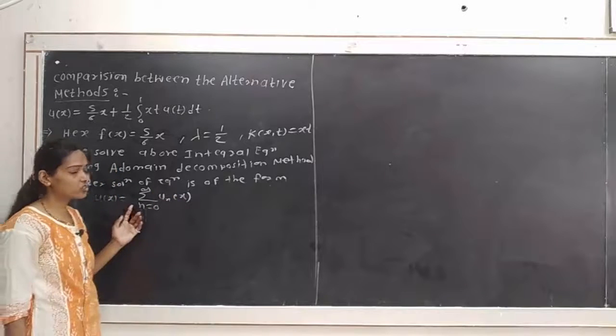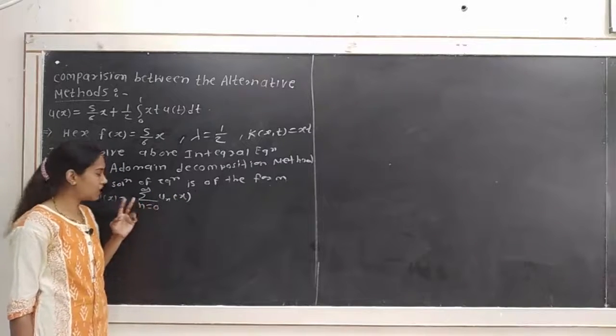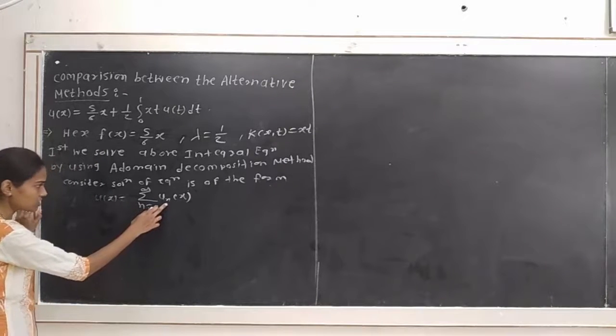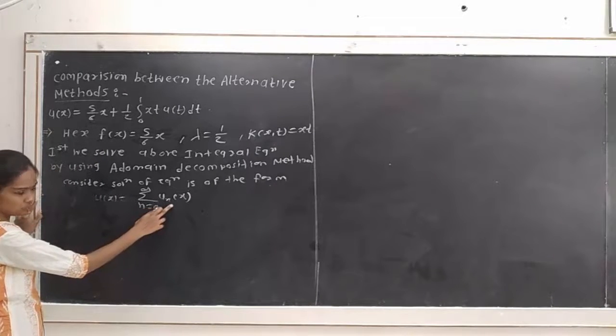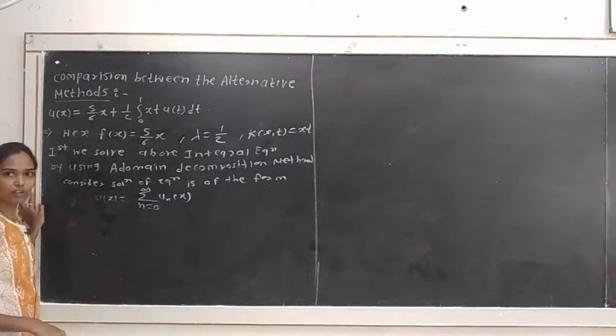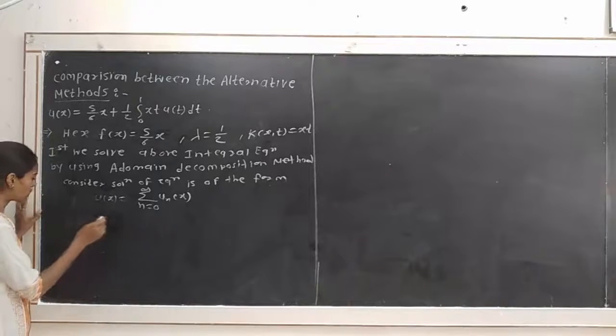Here we consider the solution in series form. That means we have to find the series components u0 of x, u1 of x and so on, and by taking their addition we get the value of u of x, that is the solution.